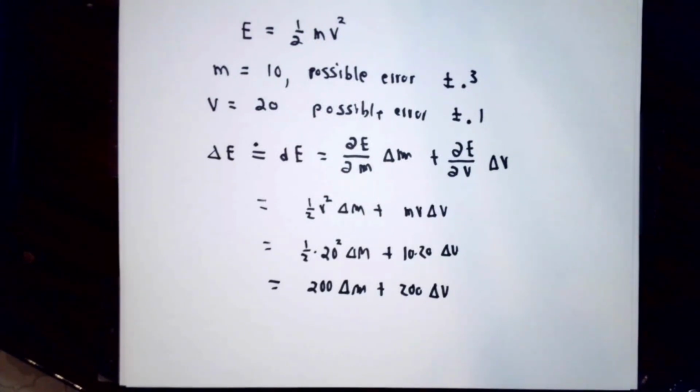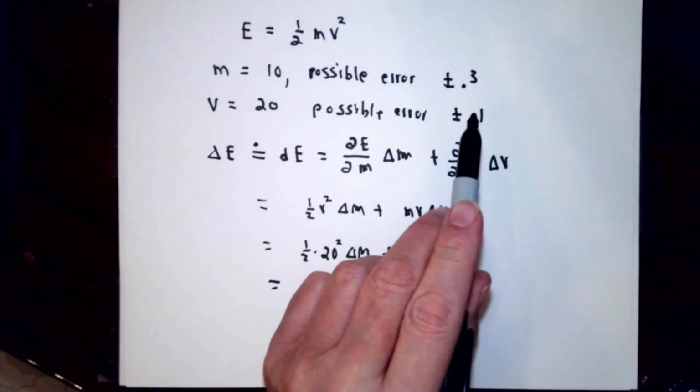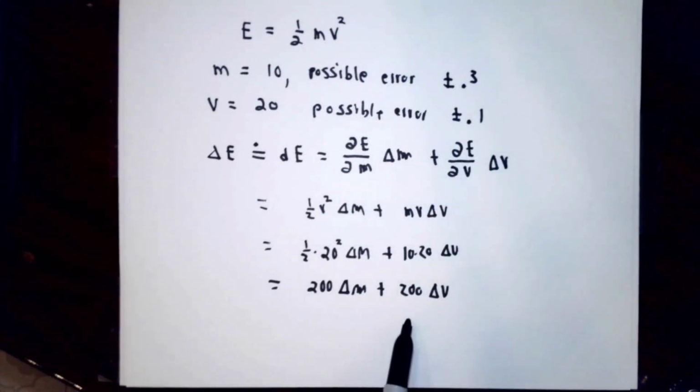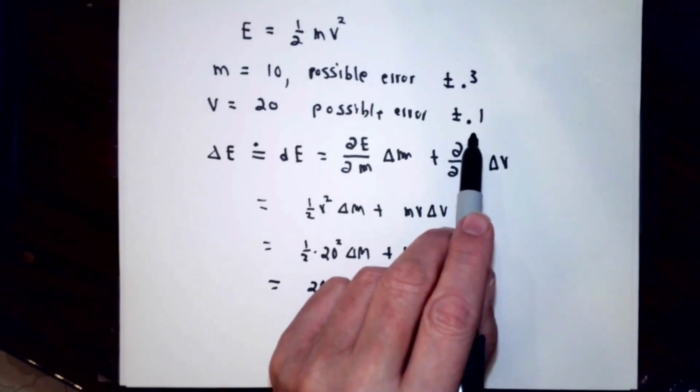It's a total coincidence that these numbers both work out to be 200. I'm going to take 200 times some number that's between negative 0.3 and 0.3. I'm going to multiply 200 by some other number that's between negative 0.1 and 0.1.